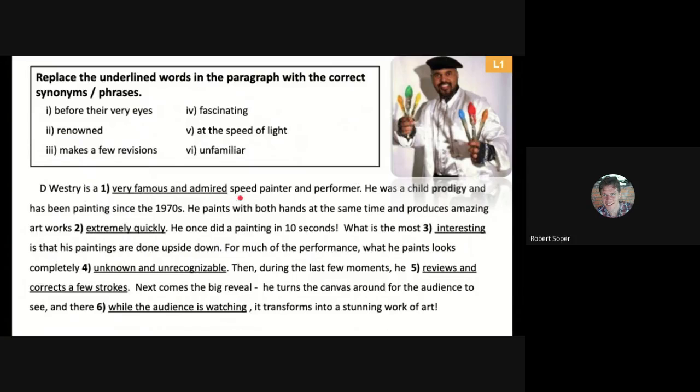So before we move ahead, let's just think about what the first one might be. Dee Westry is a very famous and admired. So look at these words. Before their very eyes, renowned, make a few revisions. Which one of these in this box means the same as very famous and admired? Pause the video and see if you can find the correct word.